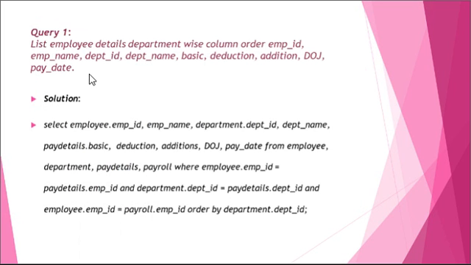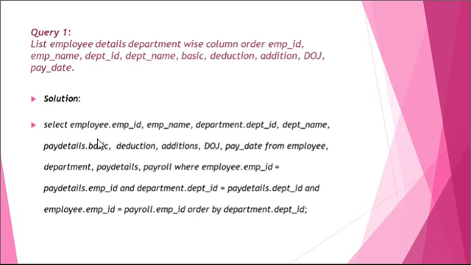Here we have the first query. Our query is saying: list employee details department wise, ordered by employee ID, employee name, department ID, department name, basic, deduction, addition, date of joining and pay details. Here we have a question.